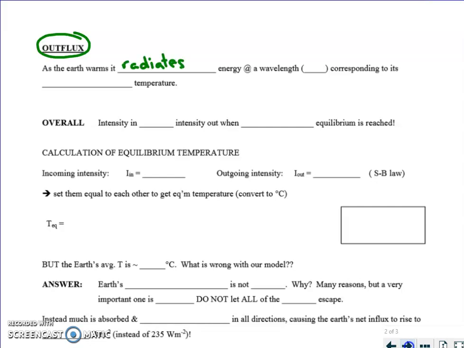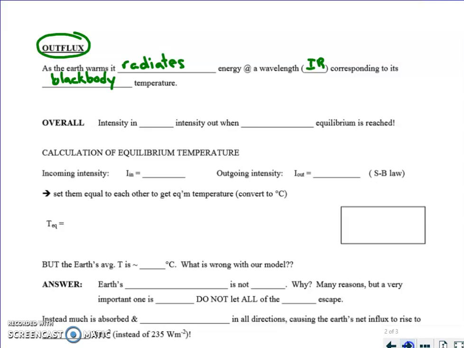Okay, so as it warms, it radiates energy at a wavelength, and it's generally in the infrared, corresponding to its black body temperature. Okay, so we want to make sure we understand cause and effect. If you were to look at the Earth with a satellite, let's say from afar, and you had a spectrometer that could see many wavelengths, you would see the Earth does not glow in visible light.